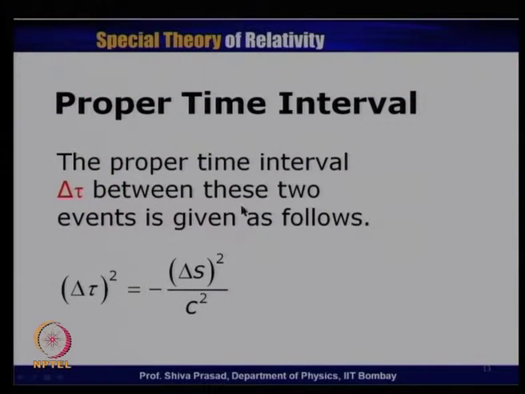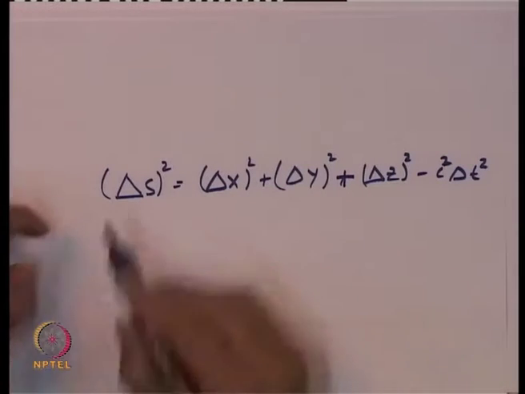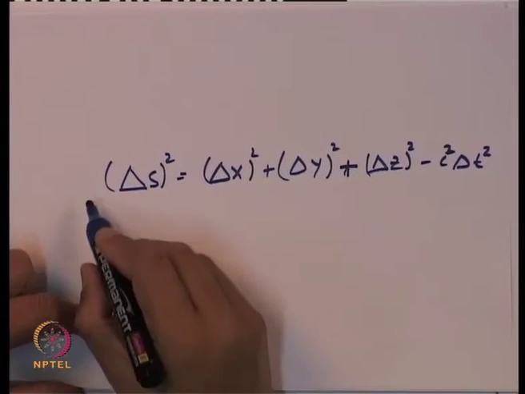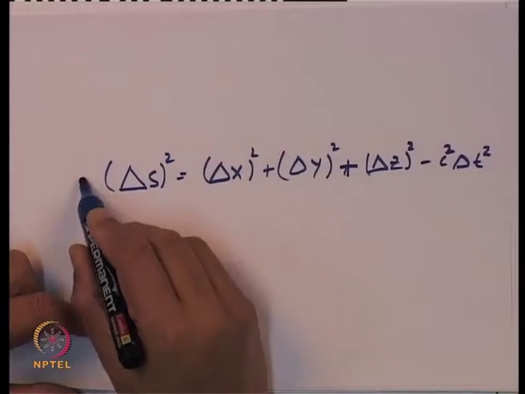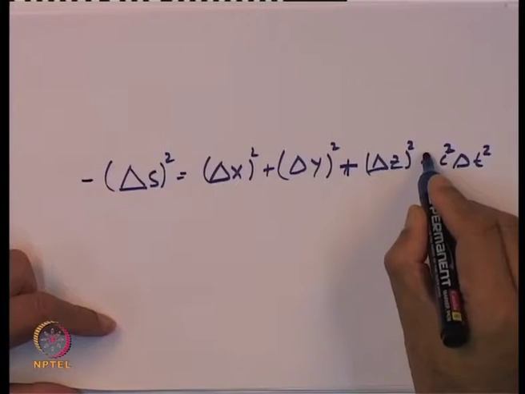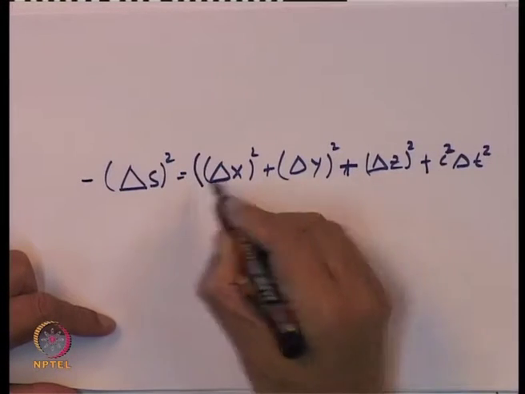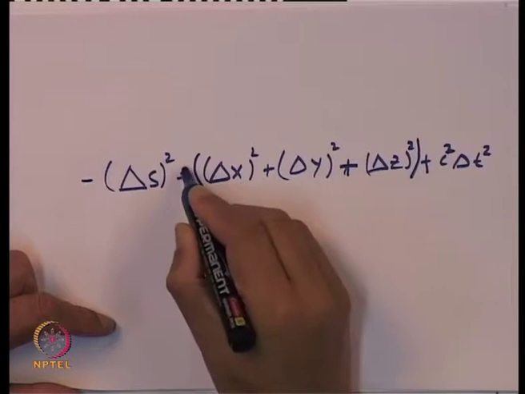The proper time interval delta tau between these two events is given as follows: delta tau square is equal to, we put a minus sign, delta S square divided by c square. If you look at this particular definition of delta S square here, we put a negative sign. If I put a negative sign here, this quantity becomes plus, and all these quantities become negative.